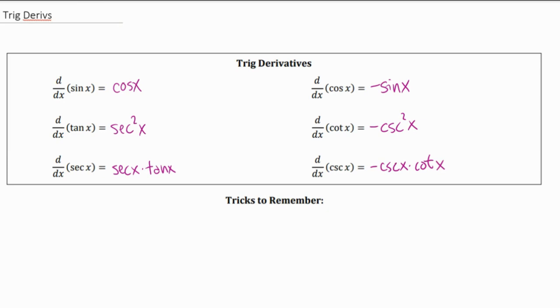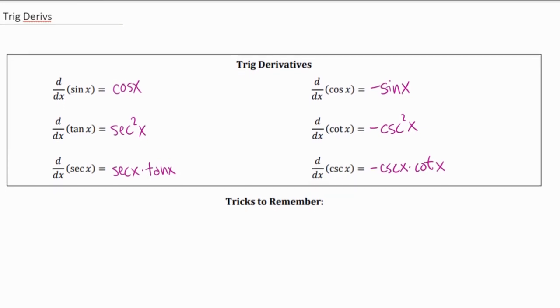By the way, if this has not come up yet, you can figure out the derivative of all of these by using, like, quotient rule. Tangent is sine over cosine. So if you were to use the quotient rule, that would be the derivative of sine, which is cosine, times cosine, minus the derivative of cosine, which is negative sine, times sine, over cosine squared.